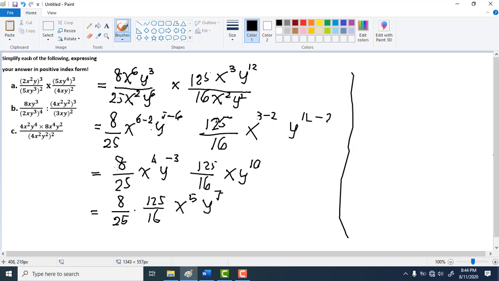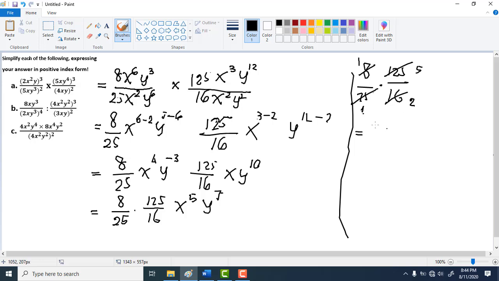We can simplify the number 8 over 25 times 125 over 16. Dividing by 25, we have 1 and 5, dividing by 8, we have 1 and 2.